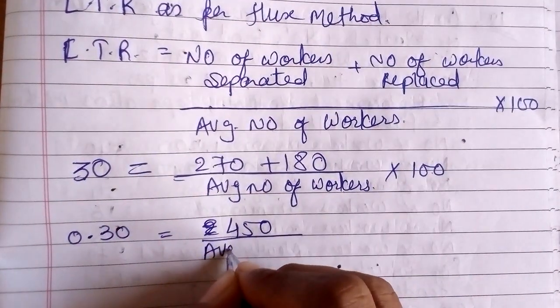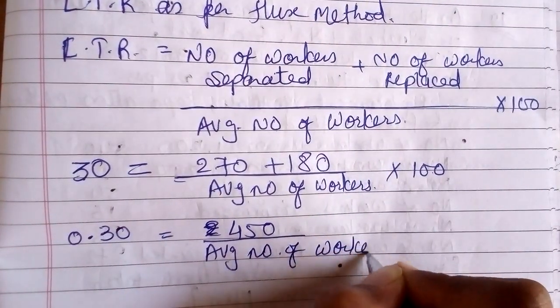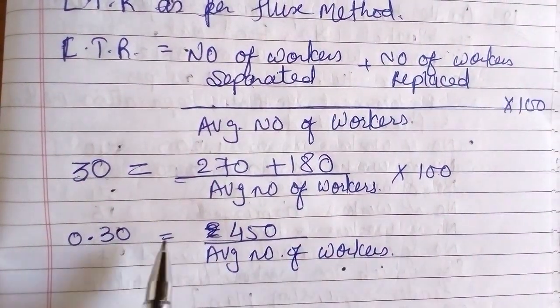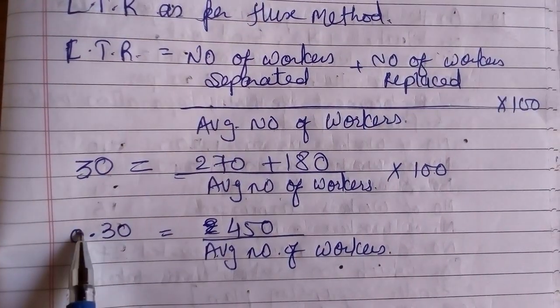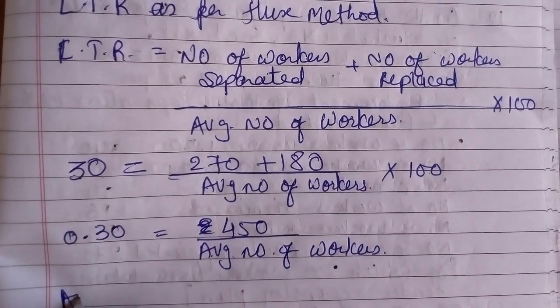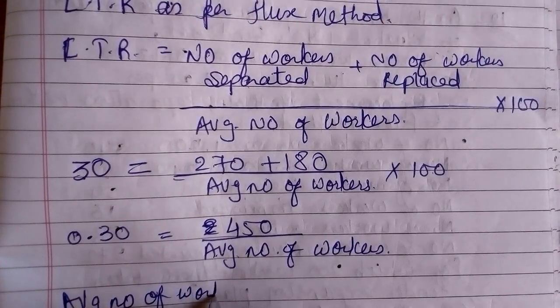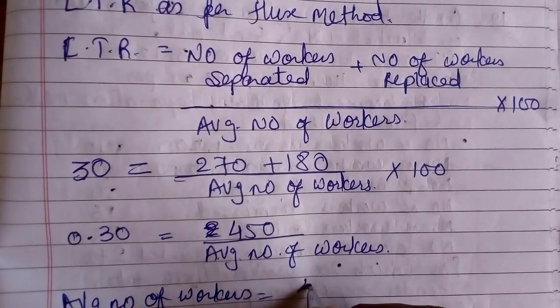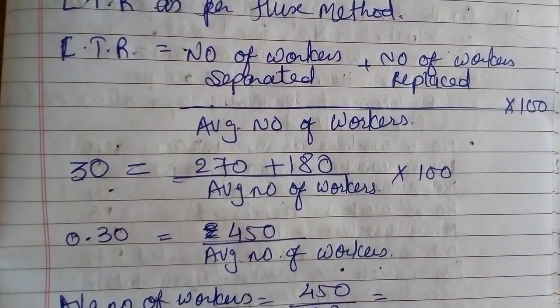divided by average number of workers. So now average number of workers will be going at the multiplication place and multiplication will go to the division place. So average number of workers will be 450 divided by 0.3.